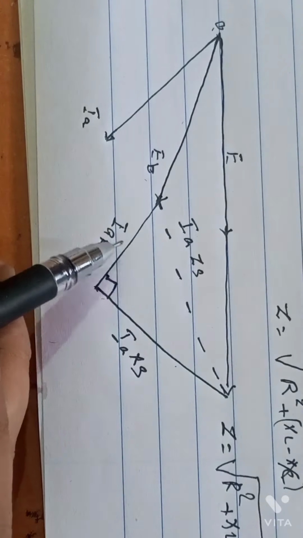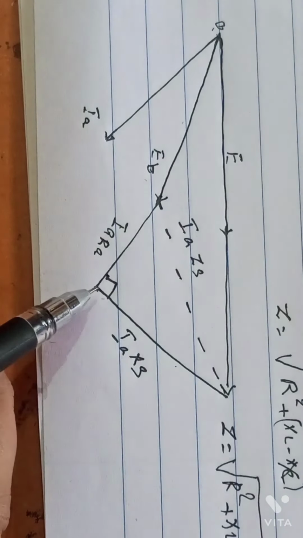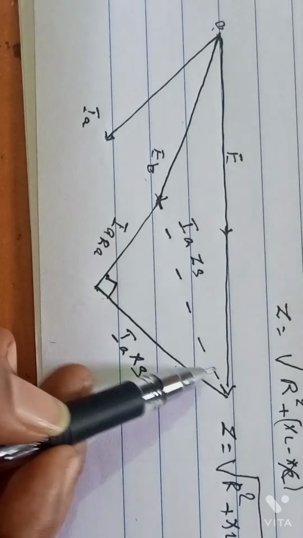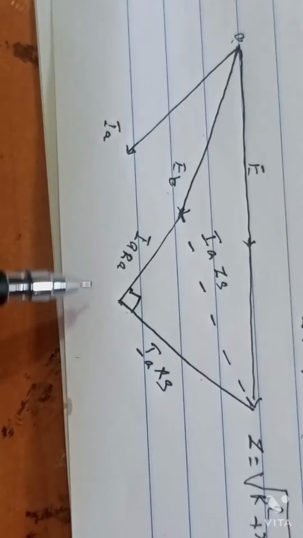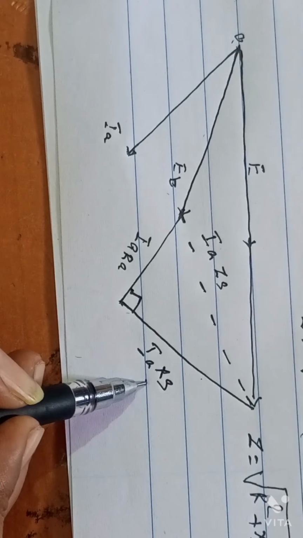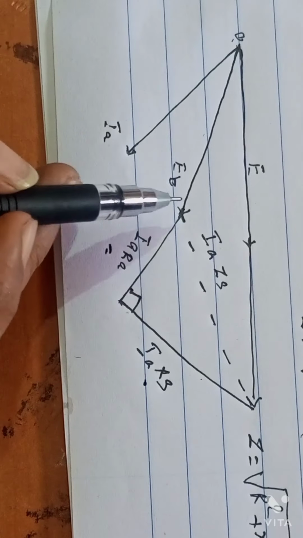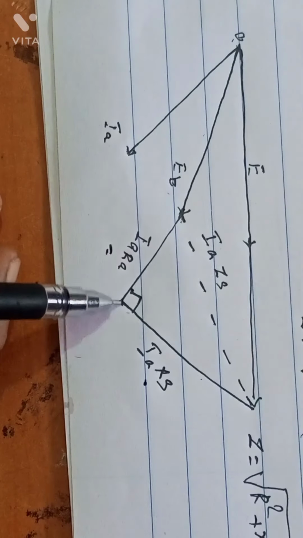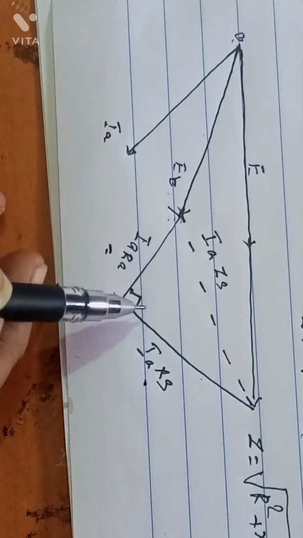This and this are parallel. Then IARA and IAXS have a 90-degree angle difference. Okay. Then this is the diagonal. Now listen. Normally, considering the synchronous reactance, this value will be negligible. So in the next diagram, this IARA, I cut this position, because it is negligible. Then what happened?